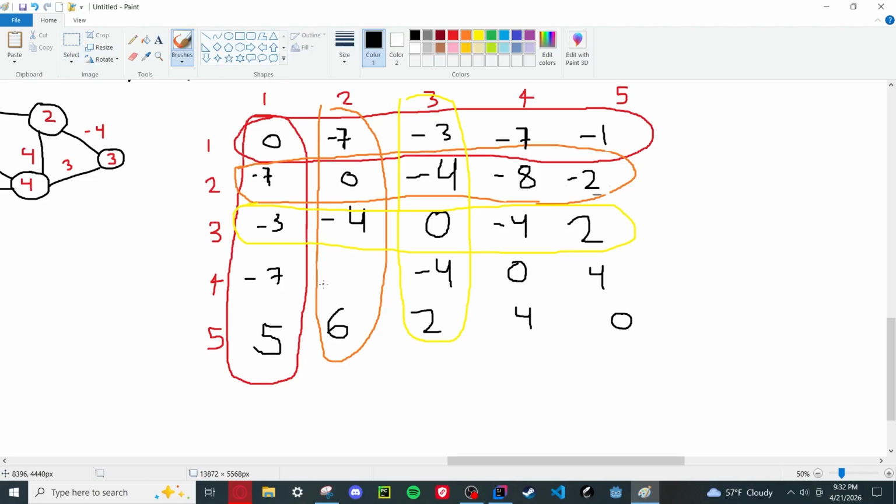This should be the same thing as 2, 4, which it is. And we compare this one. -4 plus 2 is -2. This should be the same thing as 4, 5. We'll check that later then. But -4 plus 2 is -2. Okay, this should be the same thing as 5, 1. So -3 plus 2 is -1. Life is good. Everything's kind of good so far.